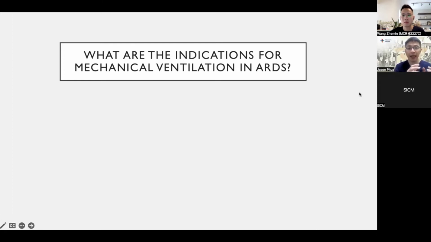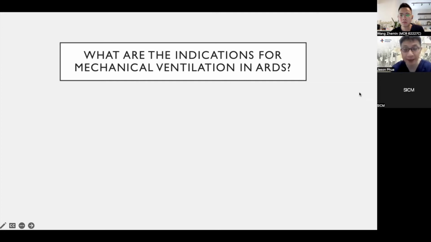If there is no other non-pulmonary complications, the patient's not drowsy, the patient is protecting the airway, the patient doesn't have severe metabolic acidosis, the patient is not hemodynamically unstable, it is actually not wrong, and in fact I would say right to consider the use of these alternatives. Only if these alternatives fail, then do we consider invasive mechanical ventilation.